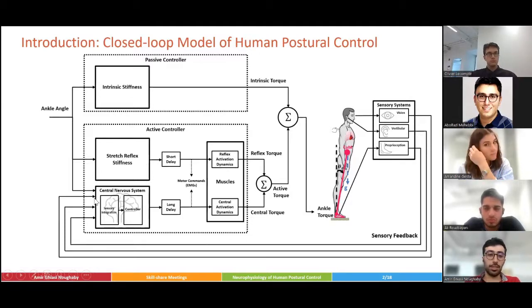In fact, the central nervous system receives this sensory feedback, and according to this information and processing it, the CNS produces its perception of the body deviation to generate the motor command for the muscle dynamics. In fact, it has a longer delay compared to the reflex part.